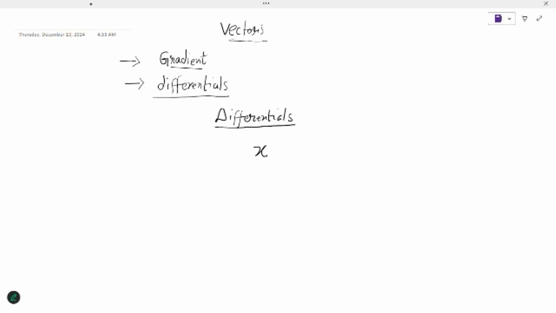Independent in the sense that we have a dependent variable, let's suppose that is y, and these are connected by a function f. That is, y is dependent on x via f. f is some function.